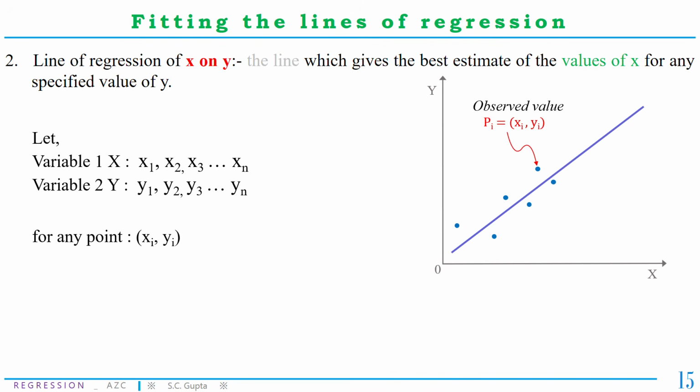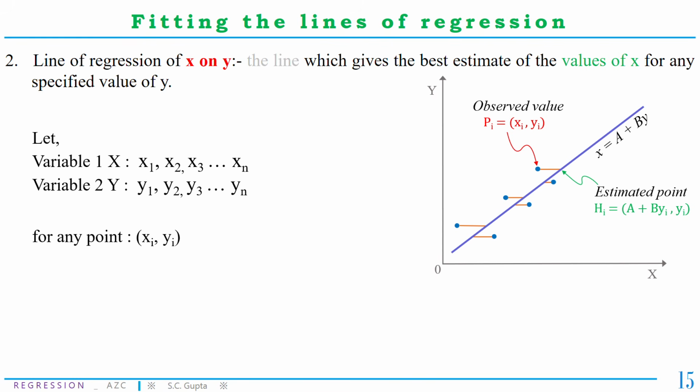Let's draw the best fitting straight line for the current condition. This is the line of regression of x on y. Now, for the line of regression of x on y, the estimated points of the observed values are located on the line of regression, as shown in this plot.